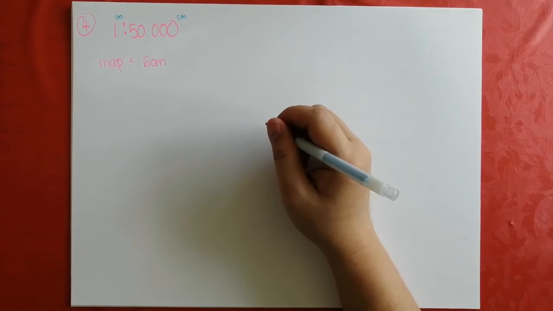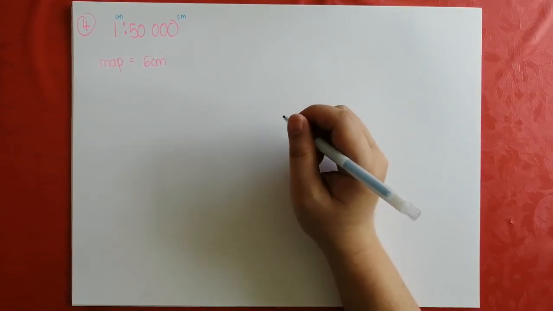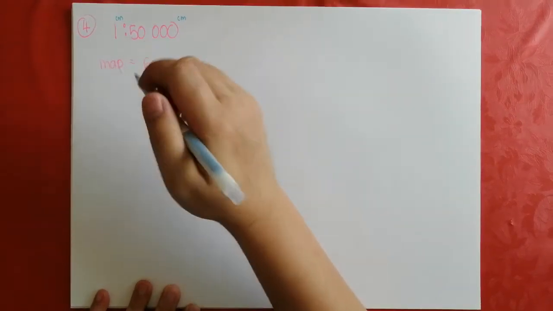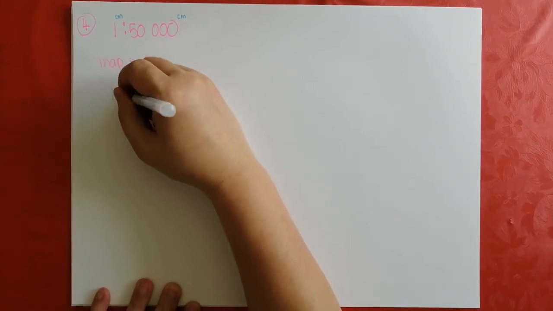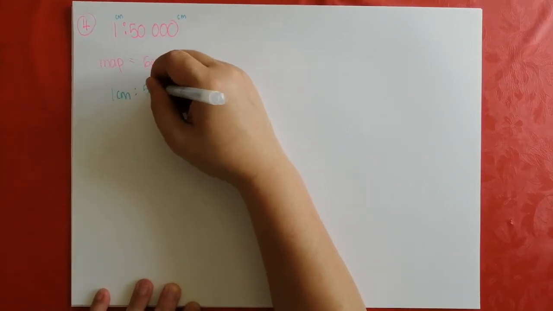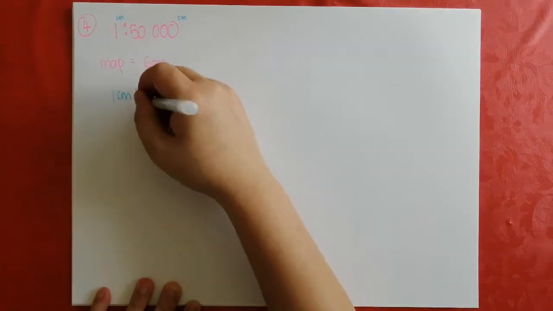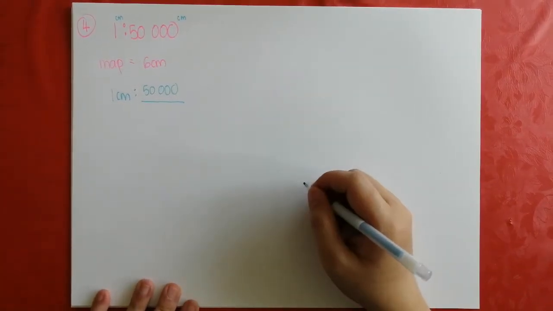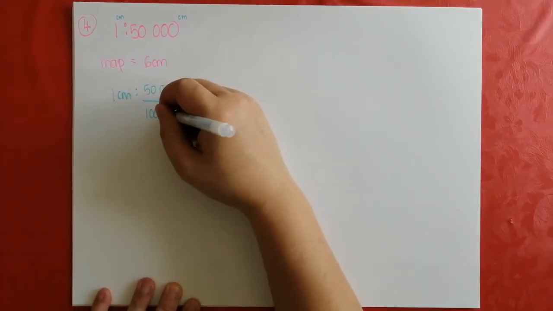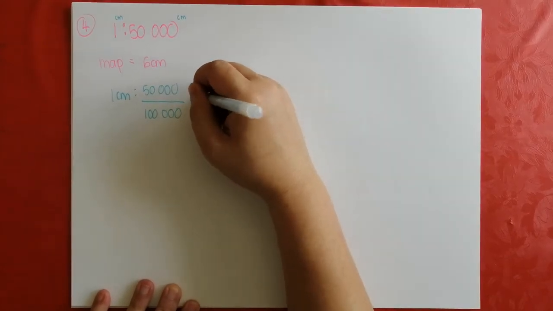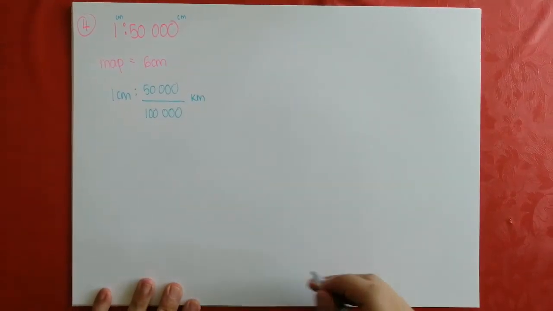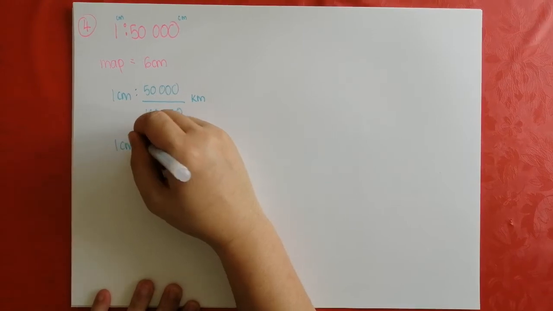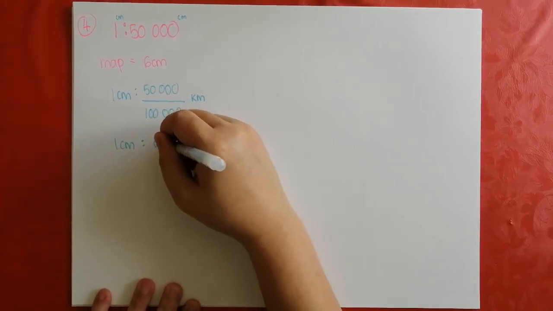Since the question specifies kilometer, let's convert the scale. I have 1 centimeter to 50,000 centimeter, convert that to kilometer, so I divide by 100,000. So my new scale will be 1 centimeter to 0.5 kilometer.